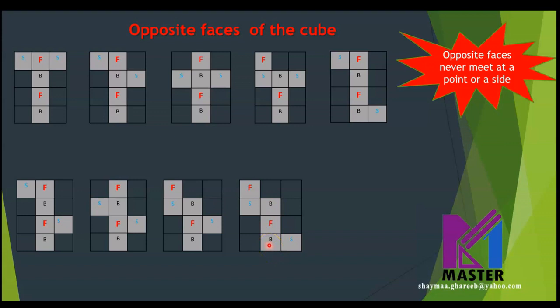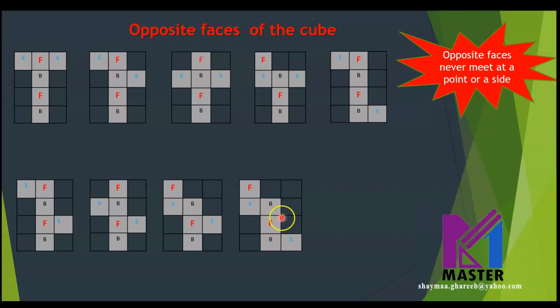What about the others? What should I do next? I will look at the one in the middle and I will think, could this face be opposite to this one? No, they meet at a point. Could this face be opposite to this one? No, because they meet at this point here.